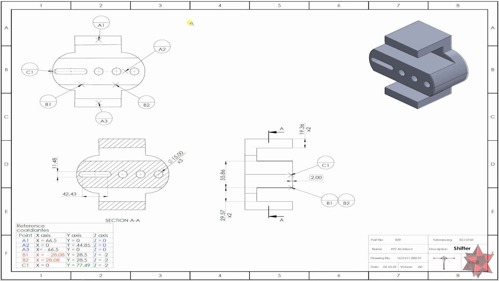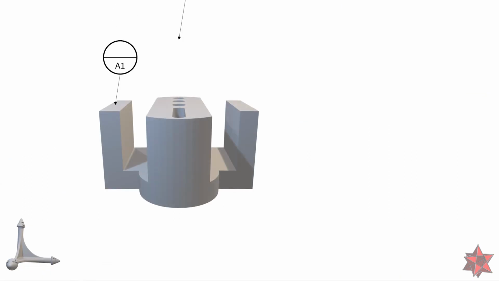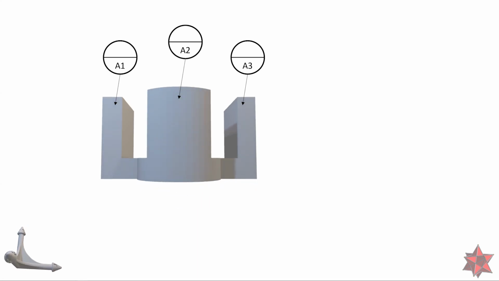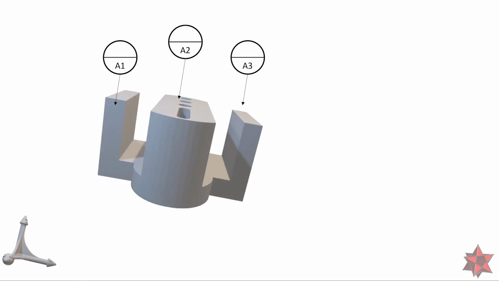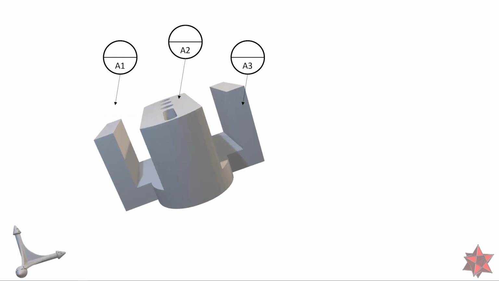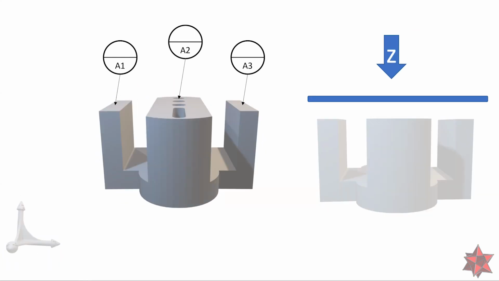We can notice from the drawing that by measuring the first 3 points, A1, A2 and A3, we will determine the first 2 rotations, on the ZX plane and the YZ plane, and the translation on the Z axis.